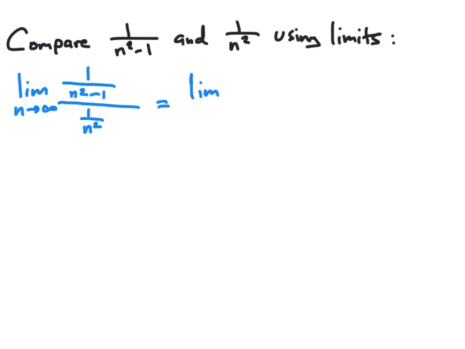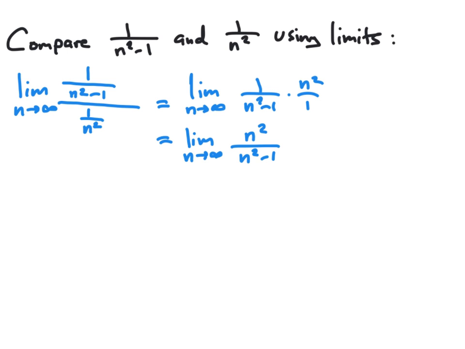We can simplify this before computing the limit. This is going to be 1 over n squared minus 1 multiplied by n squared over 1. So we're multiplying by the reciprocal of 1 over n squared. This will give us the limit as n goes to infinity of simply n squared over n squared minus 1.